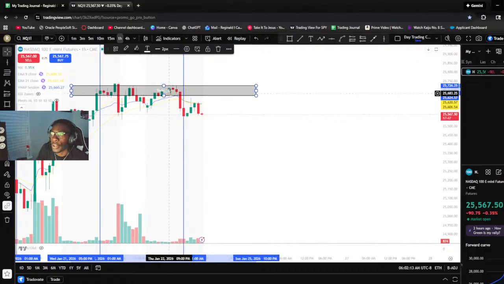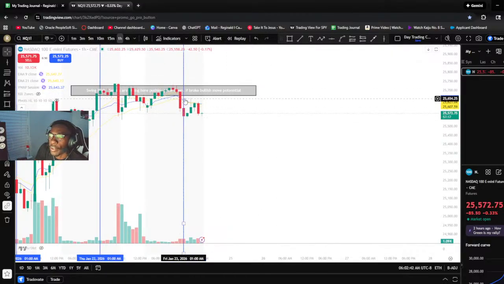So this level is a swing high. Sellers are sitting here. Okay, broke, push, move, potential. As we see, it's getting rejected down here, it's getting rejected down here, it's getting rejected down here.